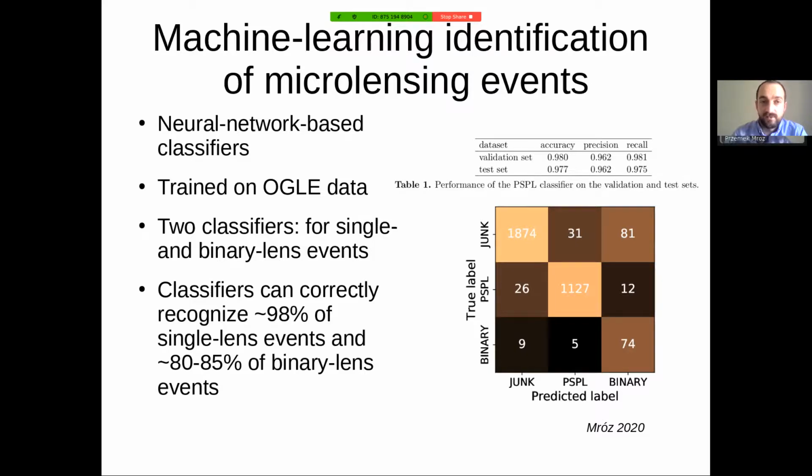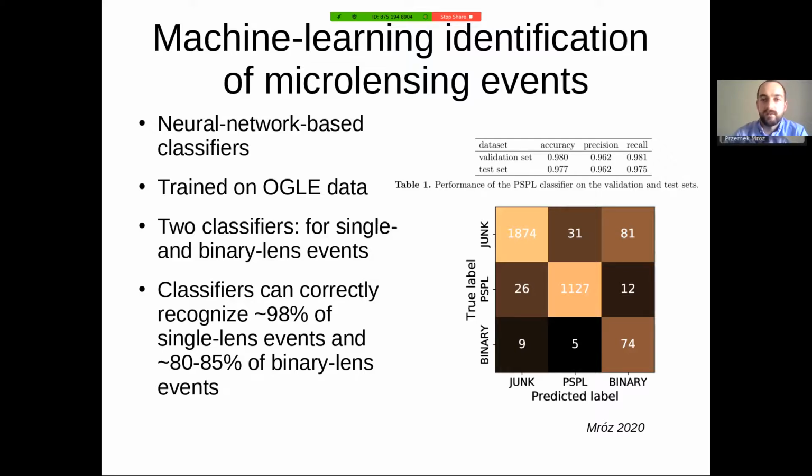They have huge databases, so we trained our classifiers based on real data from OGLE. And actually, we created two classifiers, one for single lensing events and the other for binary lensing events. Binary lensing events, that is, events caused by planetary systems or by binary star systems.